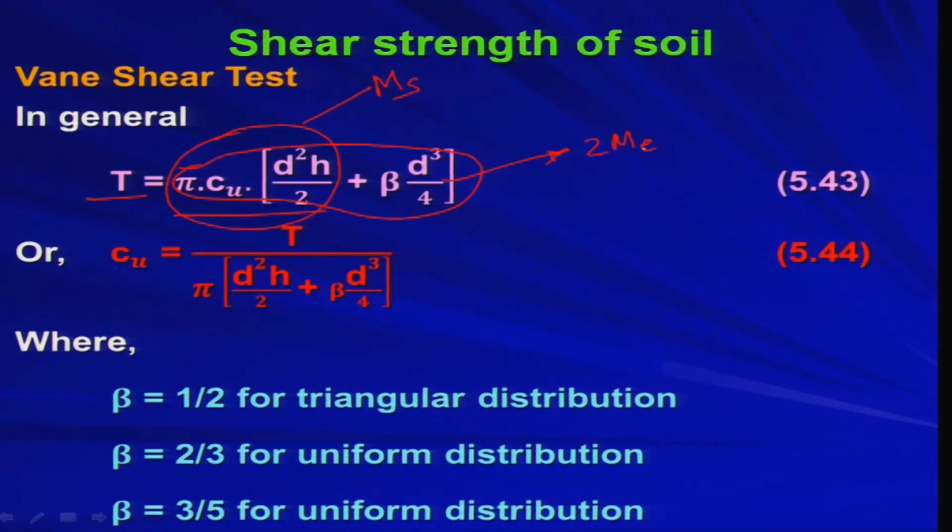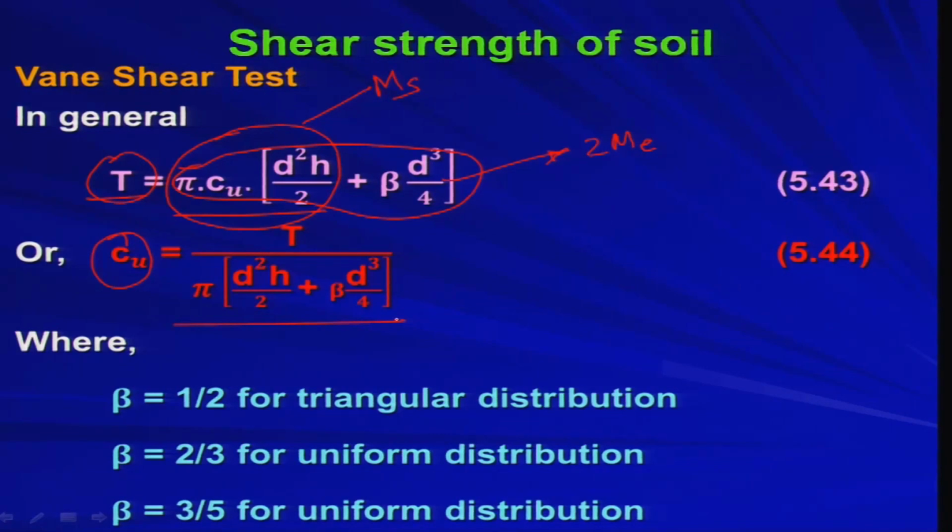So, once you express T, the maximum torque, in terms of these parameters, then Cu is nothing but the objective function. You can determine Cu from this expression: T divided by pi into (d squared h by 2 plus beta into d cubed by 4).